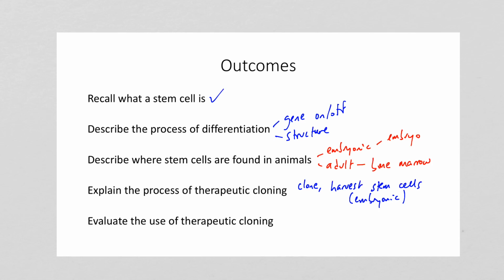Possibility of viral infection in the initial embryonic stem cell, which would mean that the organ being transplanted would have the virus, so you're giving somebody the virus. But also all of the ethical concerns that come along with the creation of embryos just to harvest the stem cells and destroy them. Evaluate the use of therapeutic cloning. We need to remember advantages, disadvantages, and a conclusion. And that'll get you your 4 marks, your 5 marks, your 6 marks.